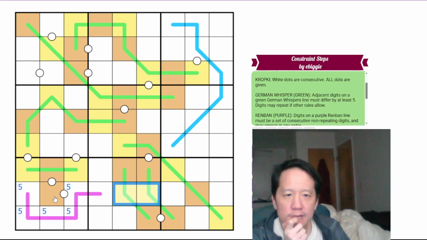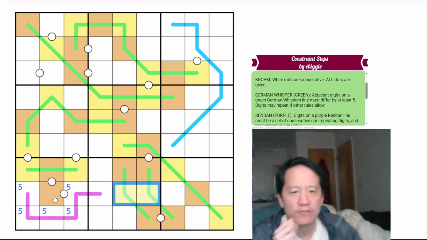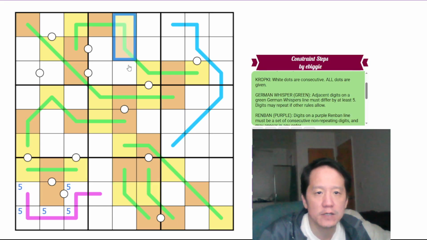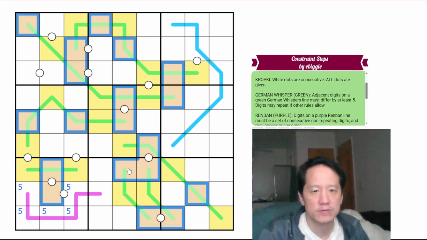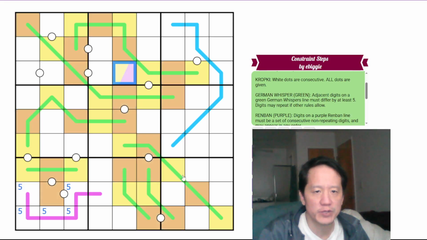Okay. What do we have? Okay, so in column 5, we have 4 oranges now, which means the rest of the column must be yellow or pink.